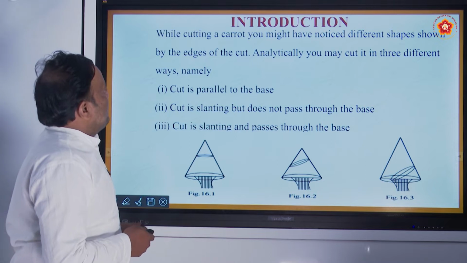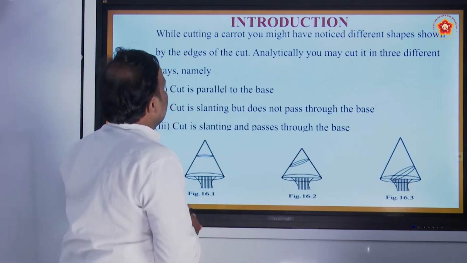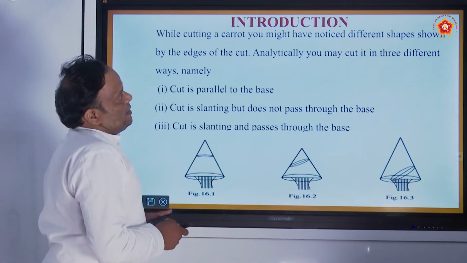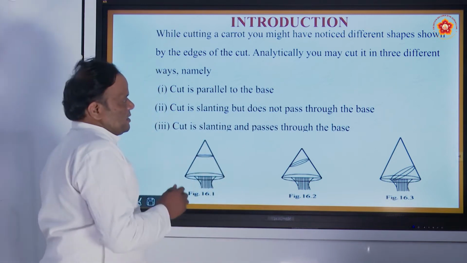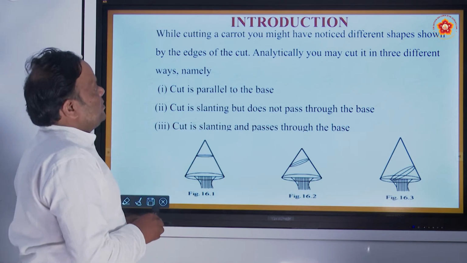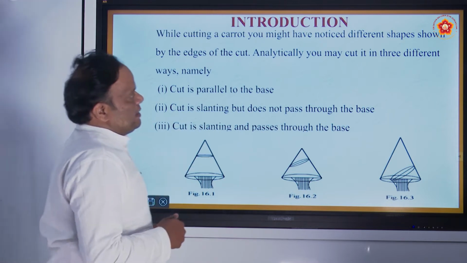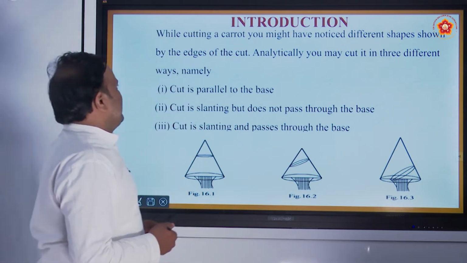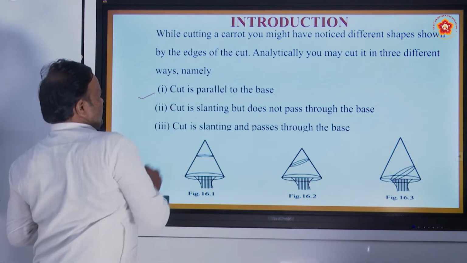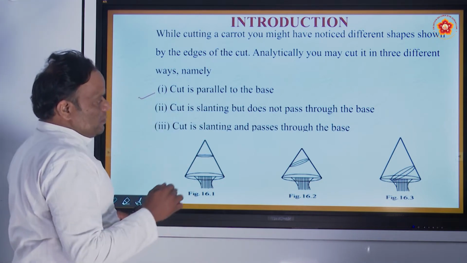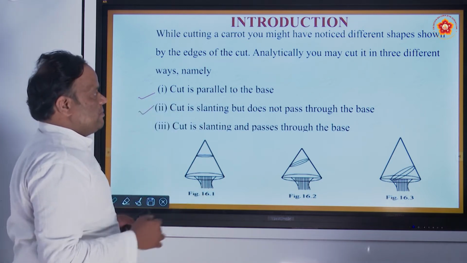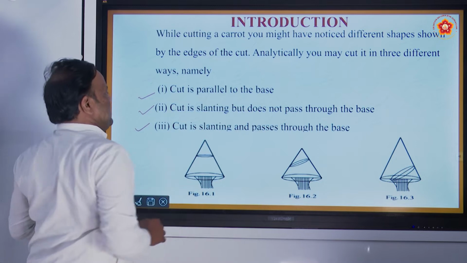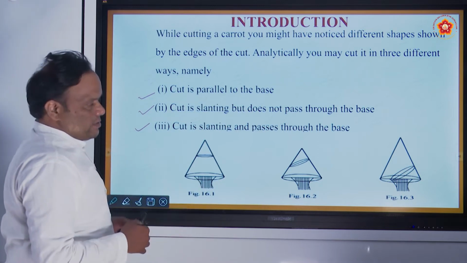So introduction. While cutting a carrot, you might have noticed different shapes shown in the figures here, shown by the edge of the cut. Analytically, you may cut it in three different ways, namely: cut is parallel to the base; cut is slanting but does not pass through the base; cut is slanting and passes through the base.